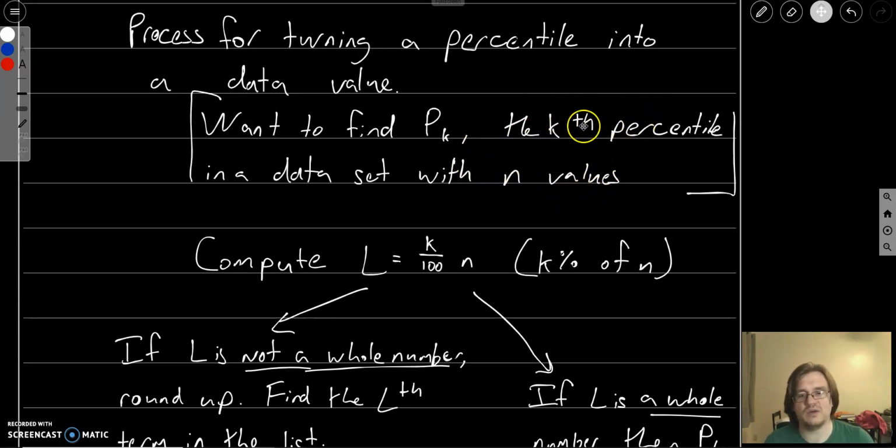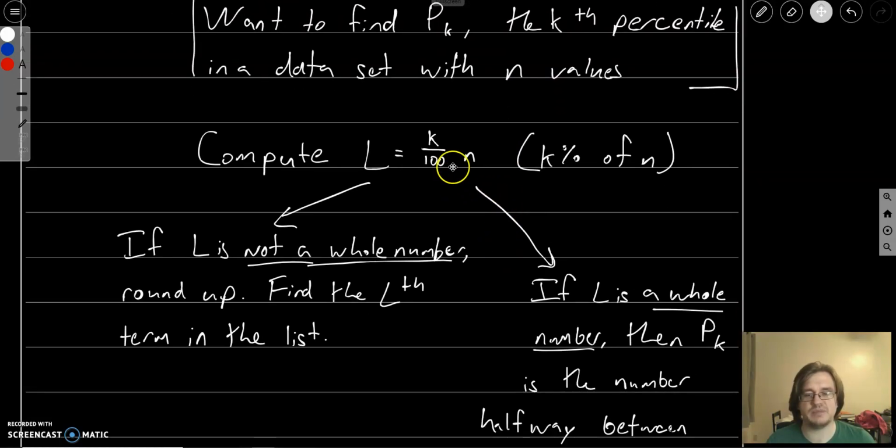When I say the kth percentile, we mean we want to find the number that's greater than k% of the data. So the first step is figuring out how many data points would make up k% of the data. So this L here corresponds to how much is k percent of the data.